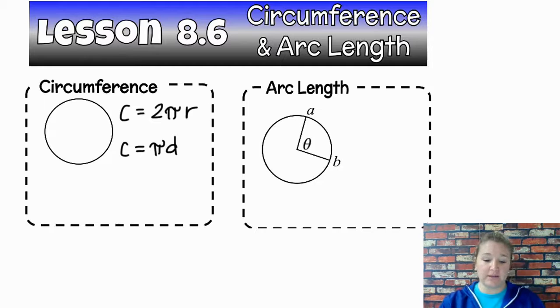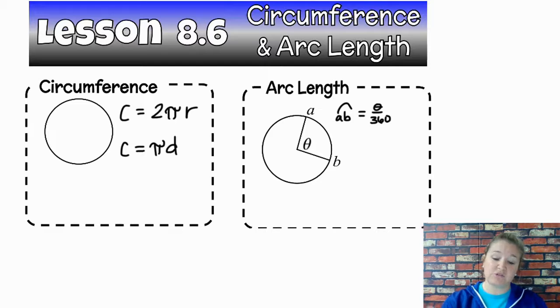Now let's talk about arc length. Arc length is the exact same whenever you are looking at the sector and the arc length, except we're not talking about the area piece. We're going to be talking about the outer edge piece. So the arc AB, to find that length, it's going to be theta over 360 times the circumference, so 2 pi r.